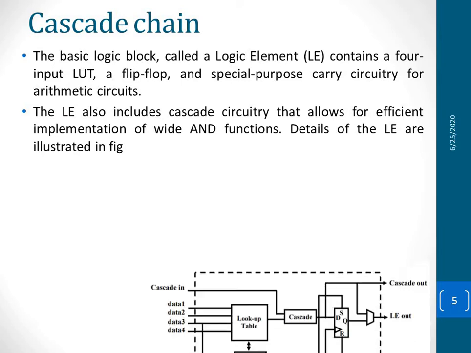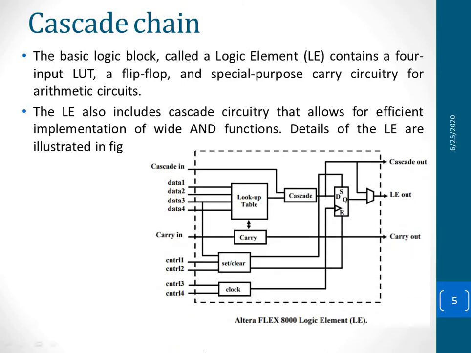The details of these are shown in the figure. You can see here it consists of a flip-flop, a cascade circuitry, a multiplexer, and the lookup table. So it has a cascade circuitry as well as a carry circuitry. The cascade circuitry is for ANDing and the carry circuit is for some arithmetic functions.